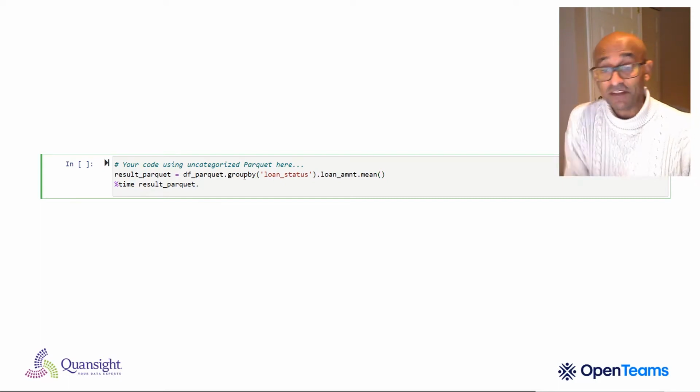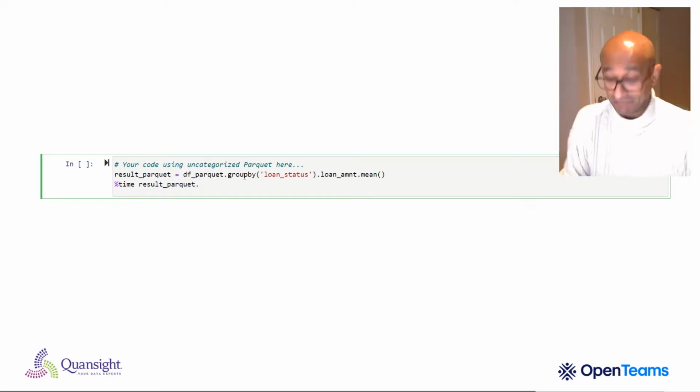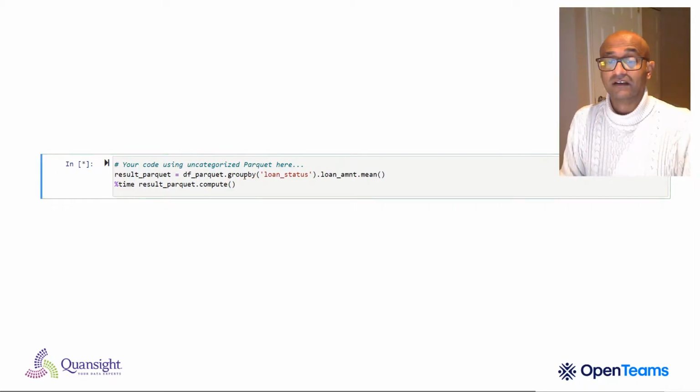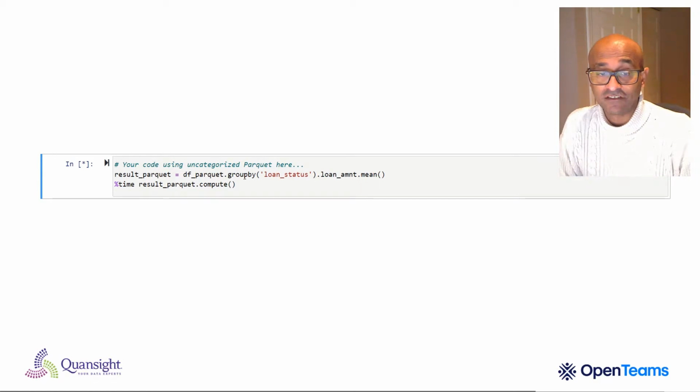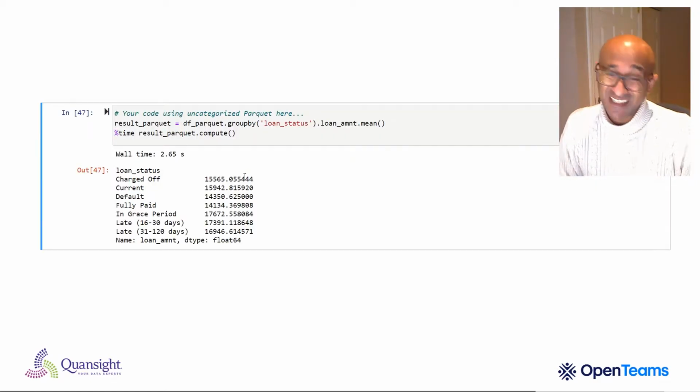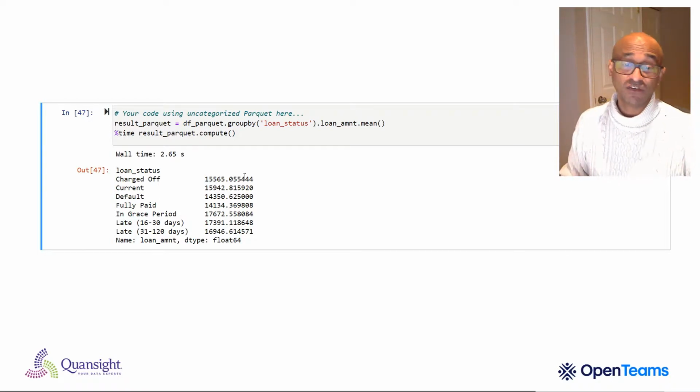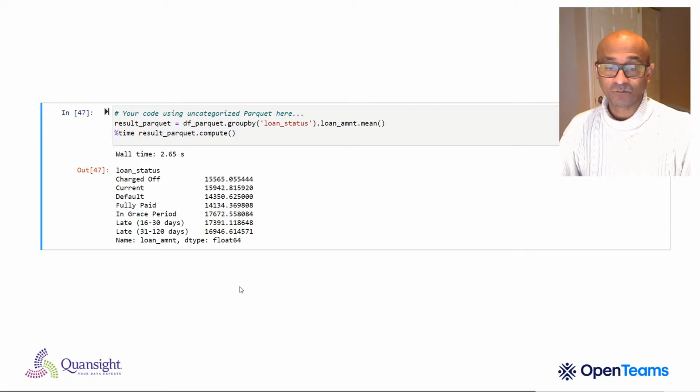But this is the Parquet that is uncategorized. We didn't store the categorized columns. So that still took a little bit of time too, because it still had to read all those strings from disk and work with them in order to do the group by.